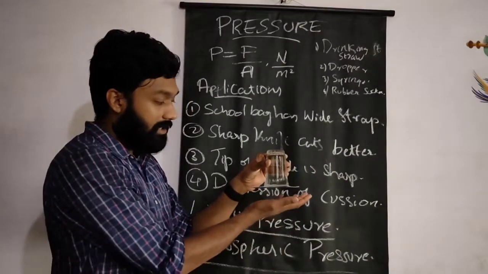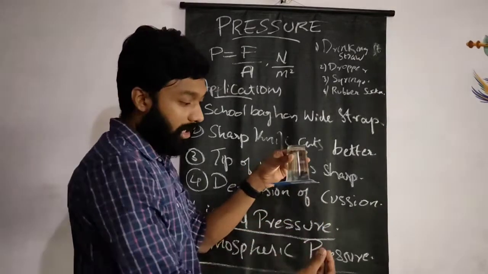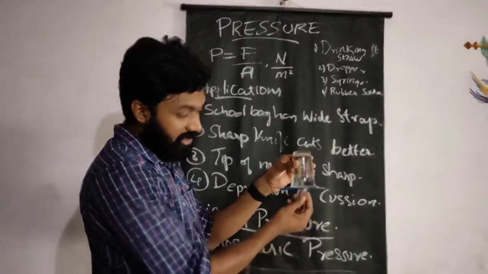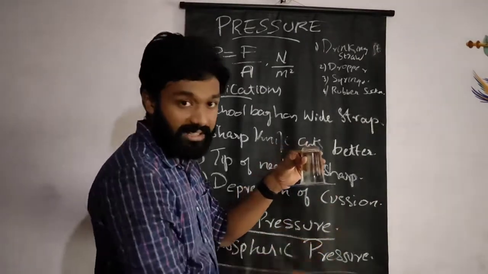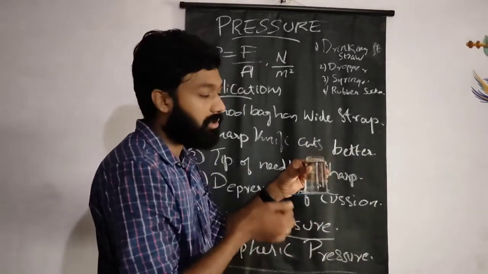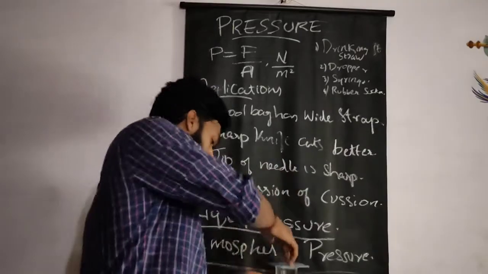Because it is now filled. There is no space between the particles. Now the atmospheric pressure is acting on this paper from downside, that's why the paper is not falling. Okay, otherwise it will fall.